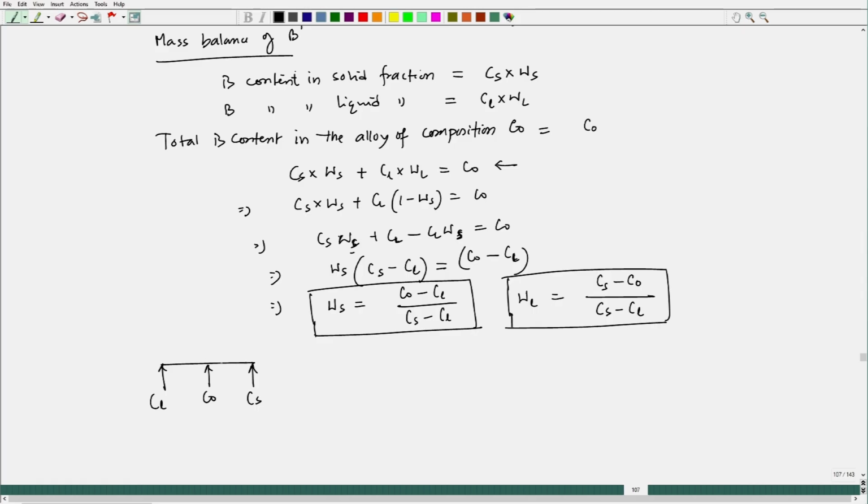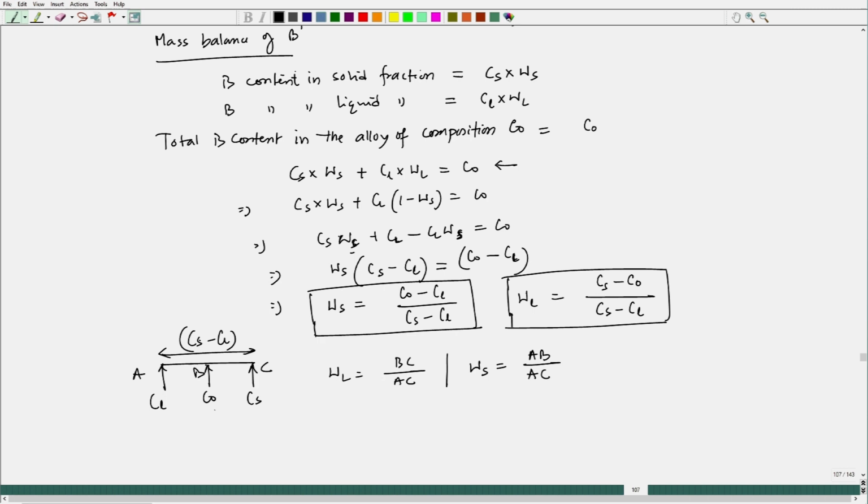This is the total distance, which is Cs minus Cl, and the liquid fraction would be decided if I try to locate A, B, C. Then WL would be BC by AC, and WS should be AB by AC.